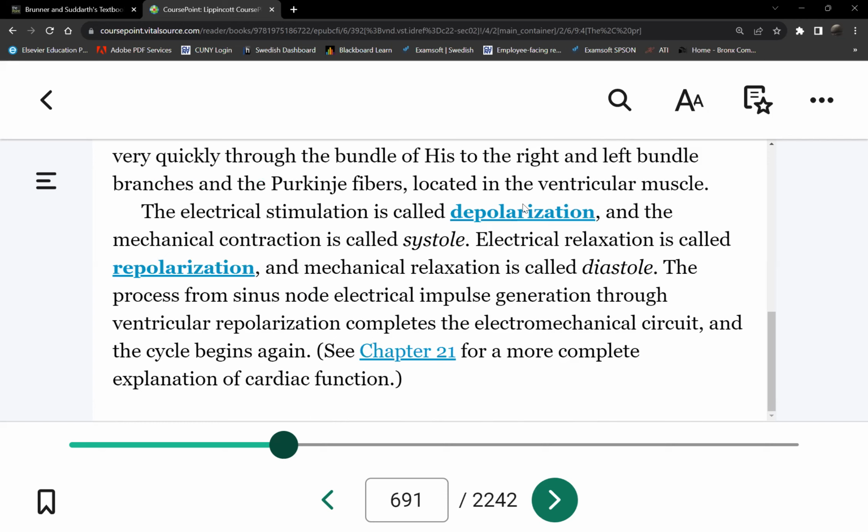When it does, it causes contraction, also known as depolarization. And then after that period, they go into relaxation mode, meaning they're negatively charged, and then they start to repolarize, wherein calcium and potassium channels start opening, and those electrolytes start entering the cell, and they become repolarized again, ready for the next depolarization. You follow? Any question? Okay.